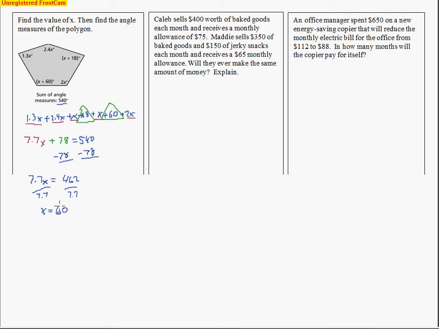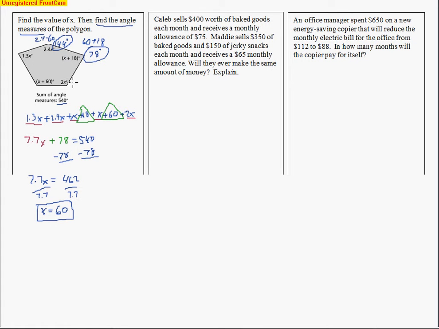Once I have that, I'm substituting back in because it says to find the angle measures of the polygon as well. So this is one of the answers, and then I have to take 60 and do the work that it says here. So 2.4 times 60 gives me 144 degrees. Then 60 plus 18 gives me 78 degrees.